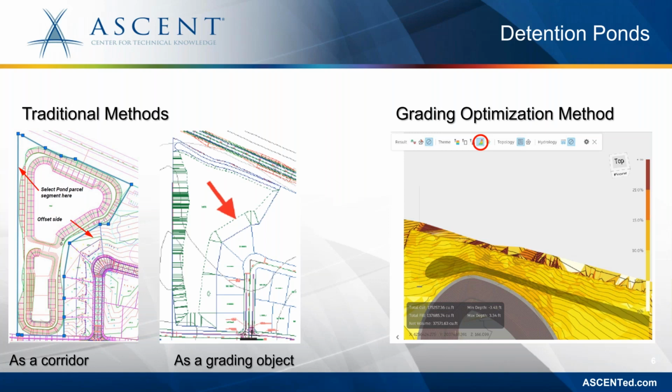And then we'll jump into the software and briefly grade a detention pond using the traditional method of grading objects, and then also using the grading optimization method. In the appendix in this course is also a chapter how to grade a detention pond, or more precisely a lagoon, as a corridor.